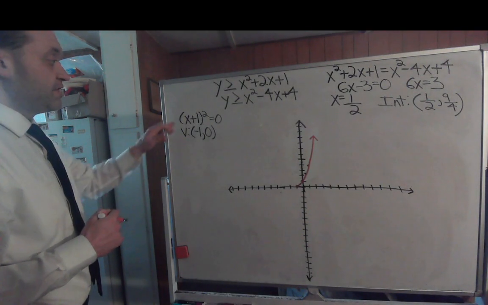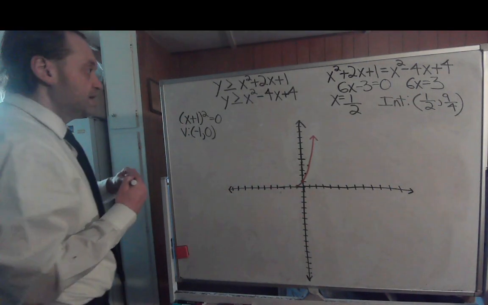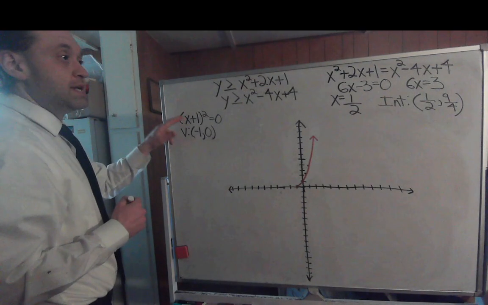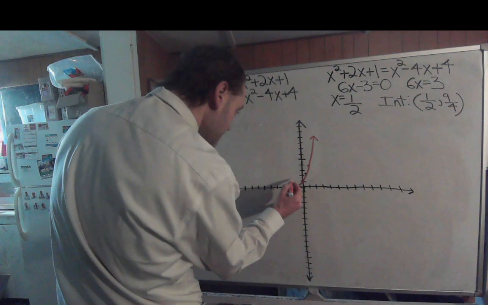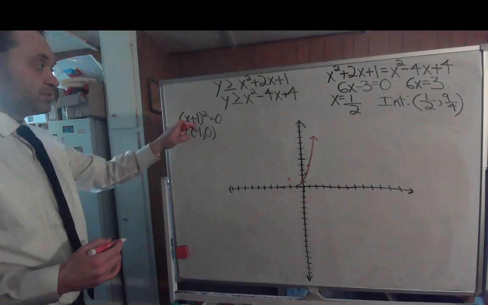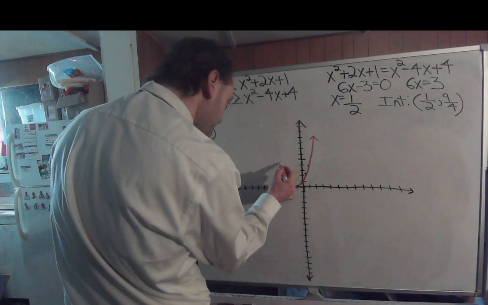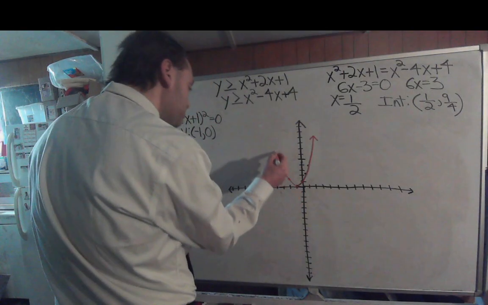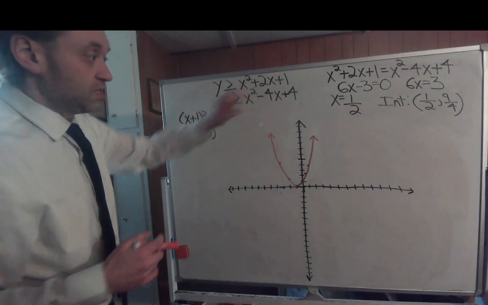Obviously, if I put -1 into this, I would just get 0. Well, that's already the vertex. How about -2? -2 plus 1 is -1, squared is 1. So I would end up getting the point (-2, 1). If I put in -3, well, -3 plus 1 is -2, raised to the second power is 4. So now I can completely draw this parabola. There's my x squared plus 2x plus 1 parabola.